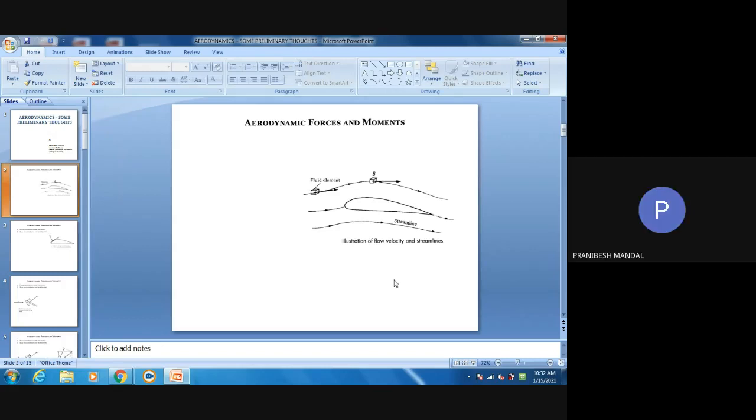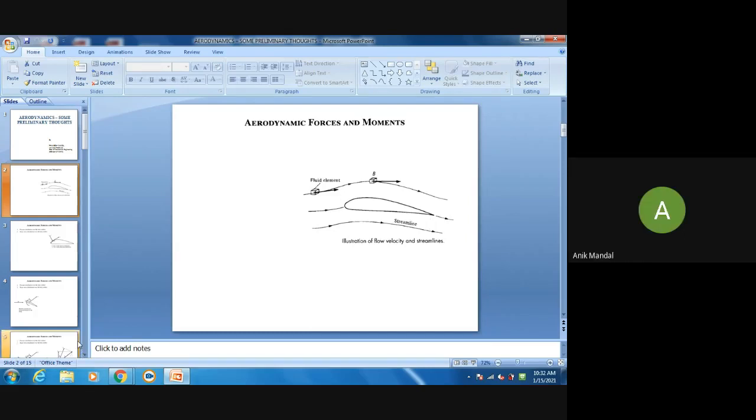And not only an aerofoil, but also a two-dimensional aerofoil. Two-dimensional means it has only this plane, and obviously it has a dimension perpendicular to this plane, right? But that dimension is taken as unit, that is, the dimension is 1.